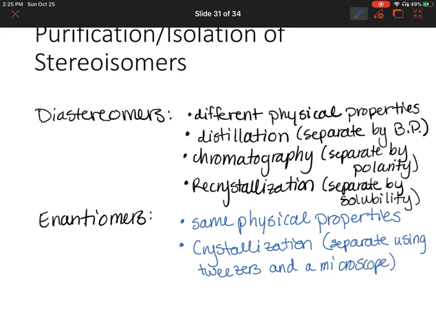So a scientist named Louis Pasteur, he did that with tartaric acid. He saw that there were two different types of crystals. They did look different, so he separated them just by using his sight through a microscope and a pair of tweezers. So really you're separating mirror images.